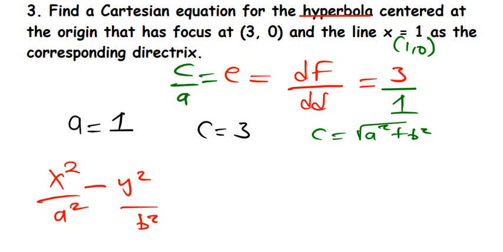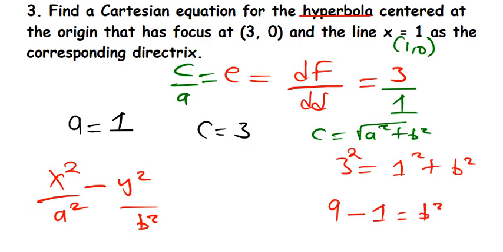Our c is 3, our a is 1, our b is what we don't know. So square both sides so that the square root can disappear on the right. You have 9 minus 1 is equal to b squared, so b squared becomes 8.